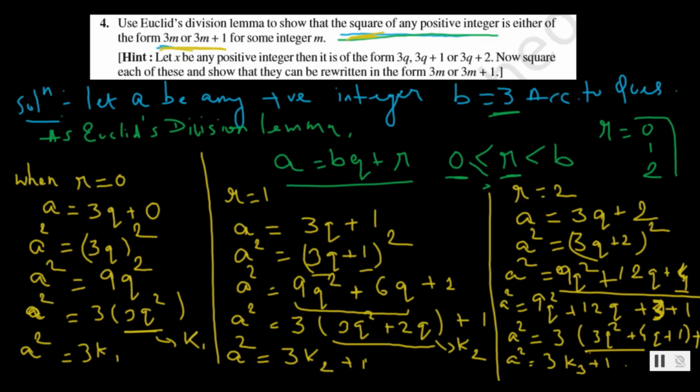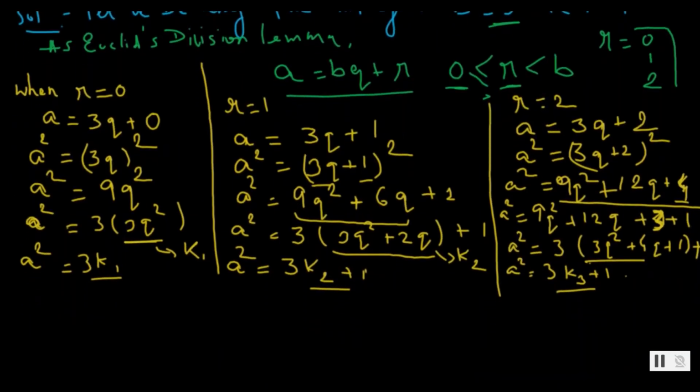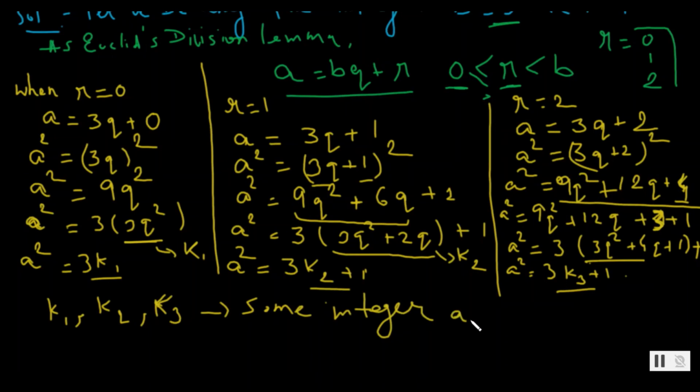So in this way we can write that k1, k2 and k3 are nothing but some integers, and in the given question m is also some integer.